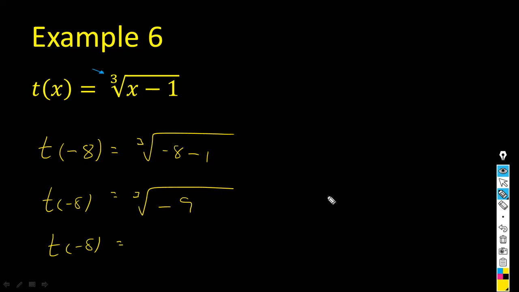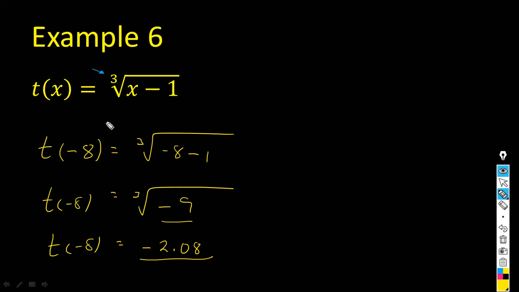You're going to get minus 2.08. So cubic roots can be evaluated in negative numbers. That is not a problem because they are cubic. If you multiply this number 3 times by itself, you will actually get this number or close to this number.